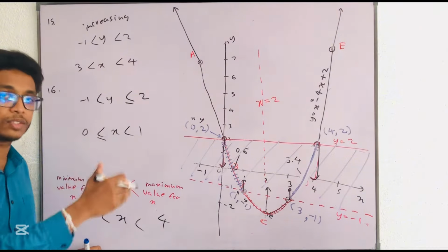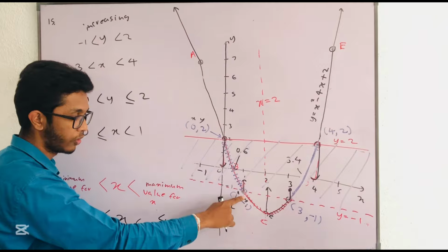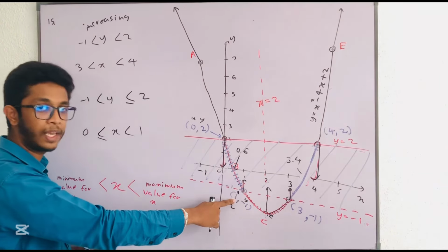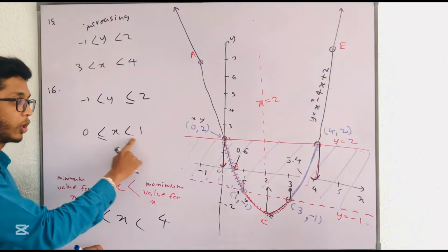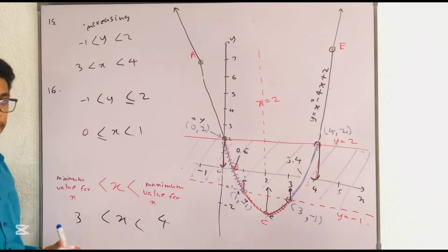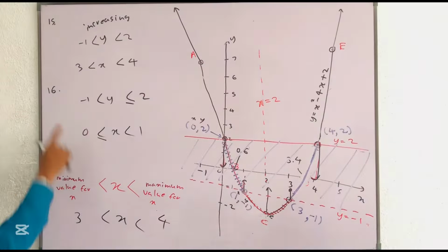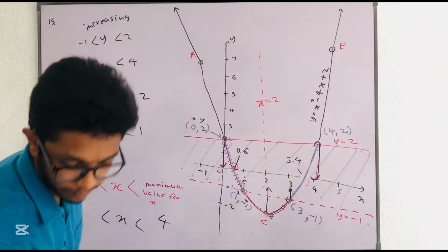Greater than means that it is not equal to -1. So when y is not equal to -1, x also cannot be equal to 1. So here I am not putting the equal mark to this part. Only for this part I am writing the equal mark. So that is question number 16.